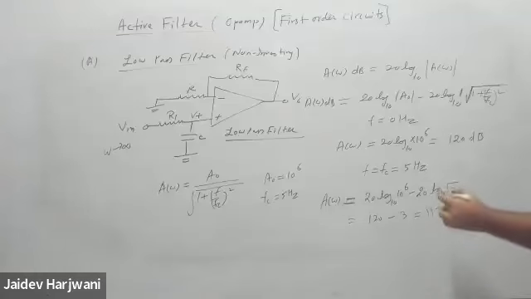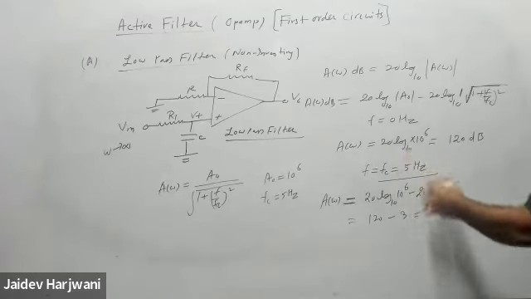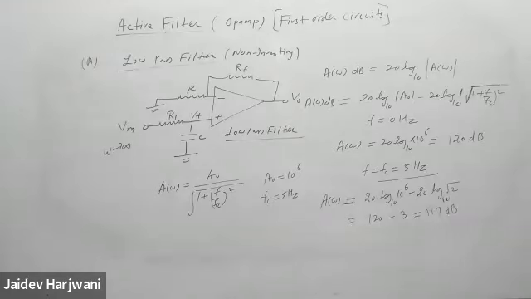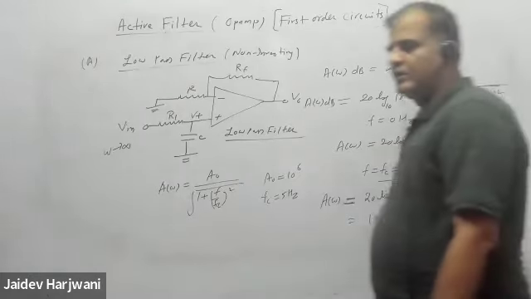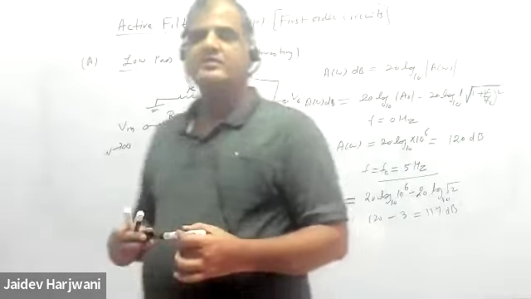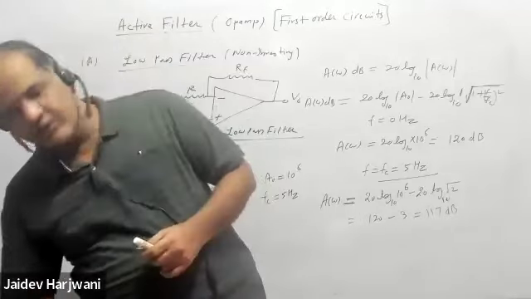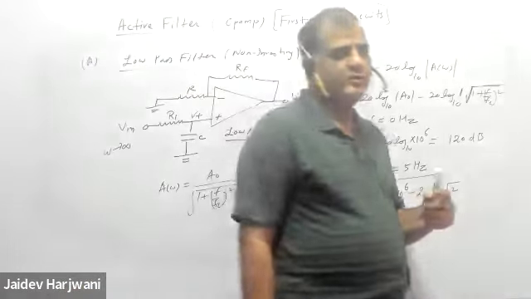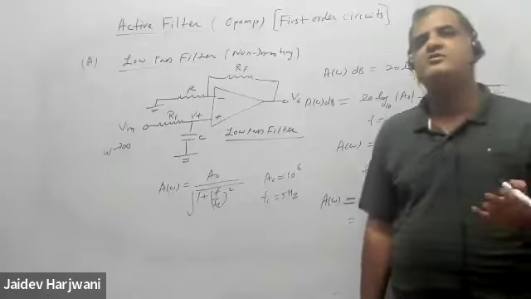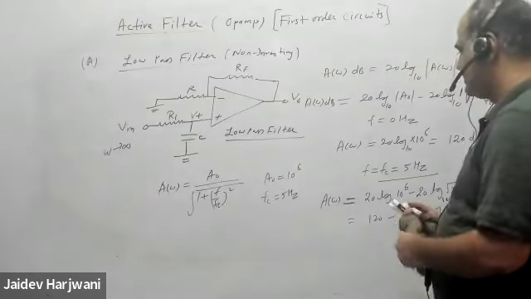So now we are getting a new definition of cutoff frequency. Earlier, when the gain was in number, we said that cutoff frequency is the frequency at which the gain reduces by 1 by root 2, or remains 0.707. Now I am defining a new definition.